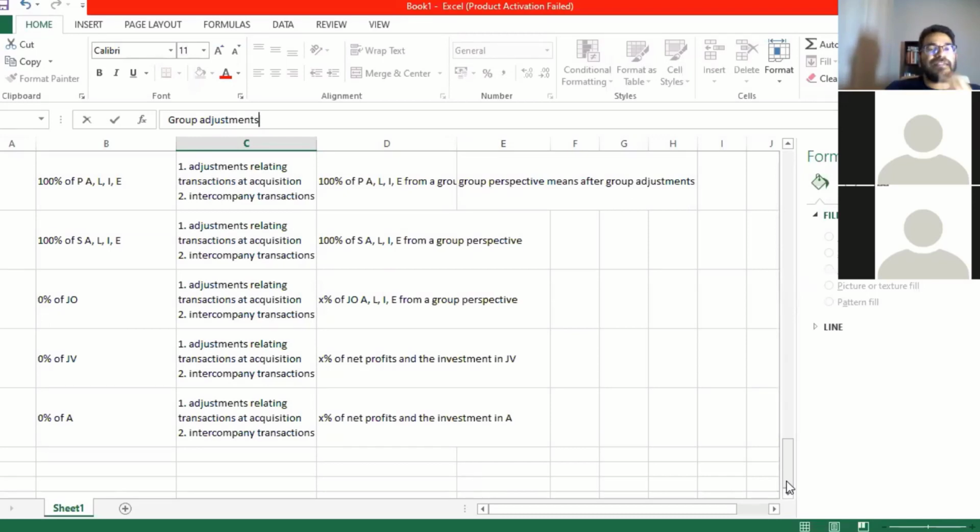To conclude, why does that make sense? From a subsidiary point of view, you control the subsidiary, and therefore you have a big say on every line item. And that's why it makes sense to show every single line item, because you control every single line item. Whereas when it comes to an associate or a joint venture, you only have significant influence.